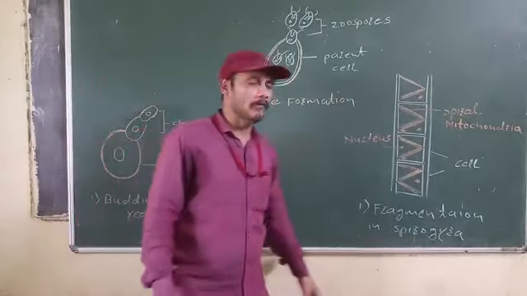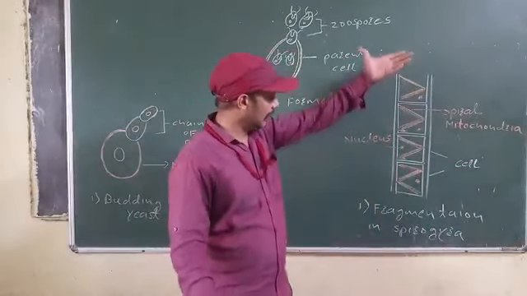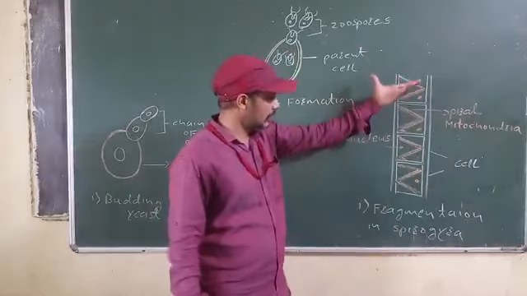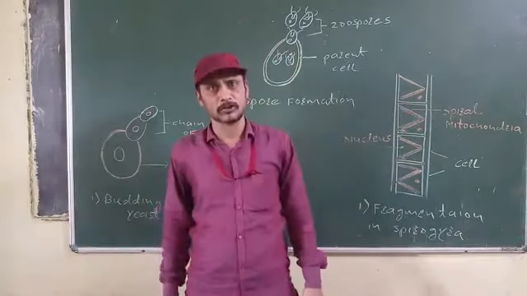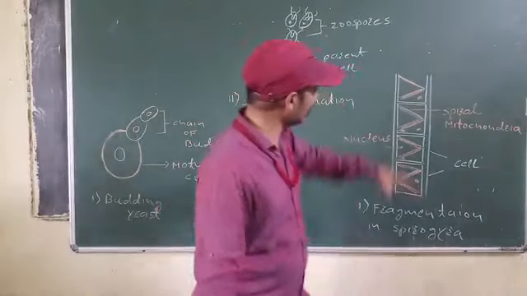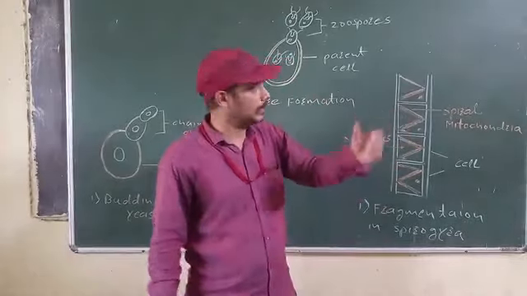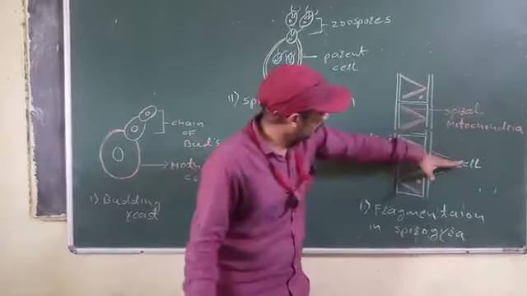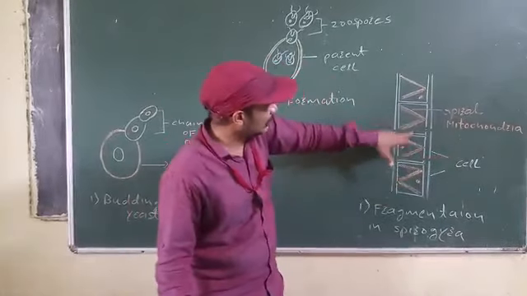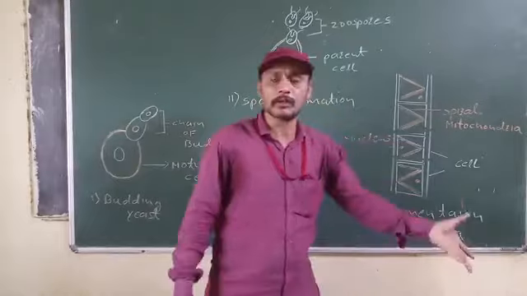The third type of reproduction, which is also found in algae, is found in Spirogyra, and that process is called fragmentation. Why is it called fragmentation? Because after maturity, when this Spirogyra breaks into pieces, each piece is able to give rise to a new individual.